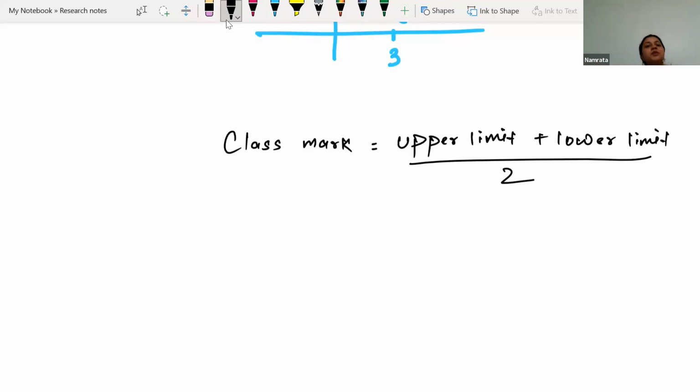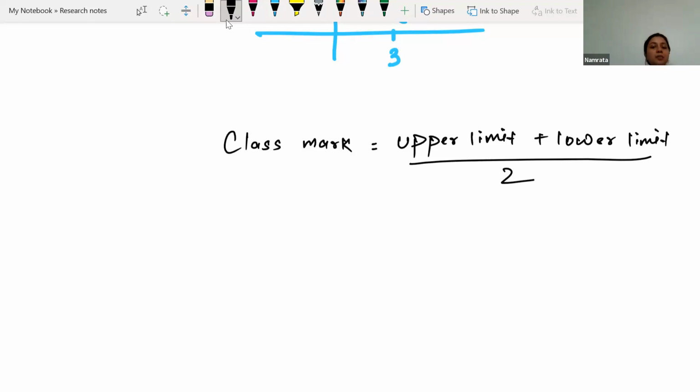This is the formula for finding the midpoint of any two numbers in mathematics. Here we are giving it a specific name, class mark.